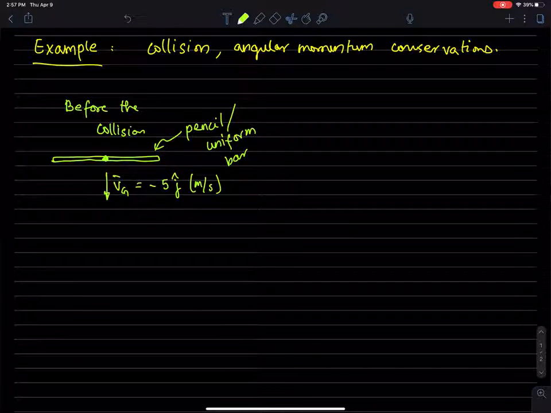And then the collision itself, I'm just going to picture it.